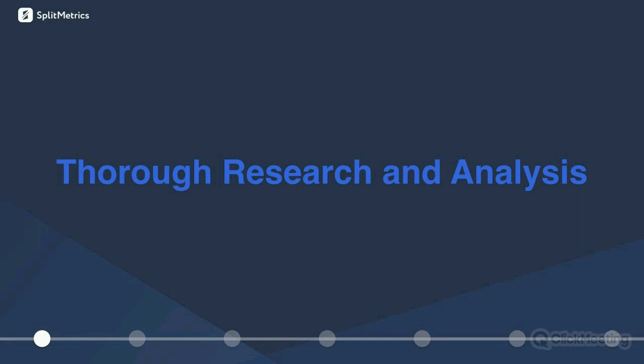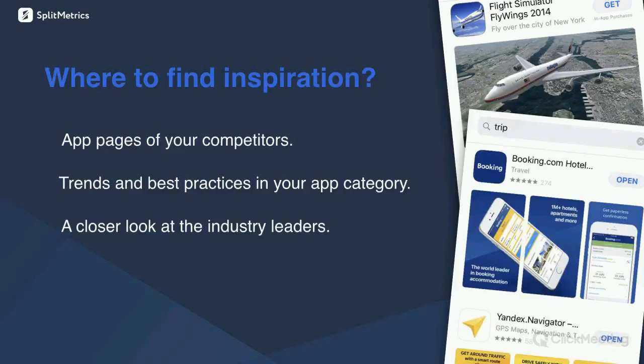Unfortunately, if you are not ready to spare time for a thorough preparation, the chances of your experiment success shrink to zero. So we can't underestimate the importance of researching and analyzing the market, competitors, and target audience.